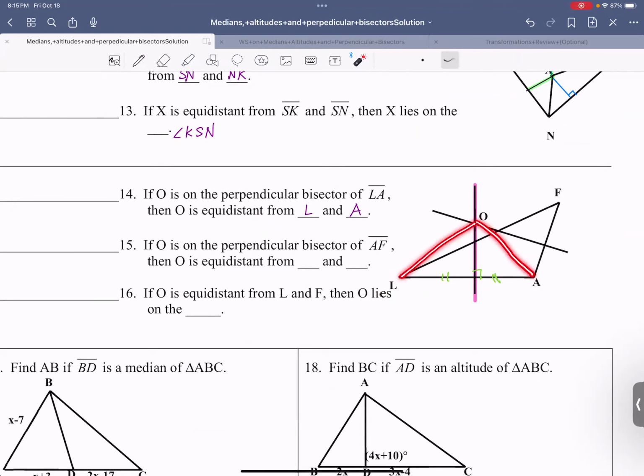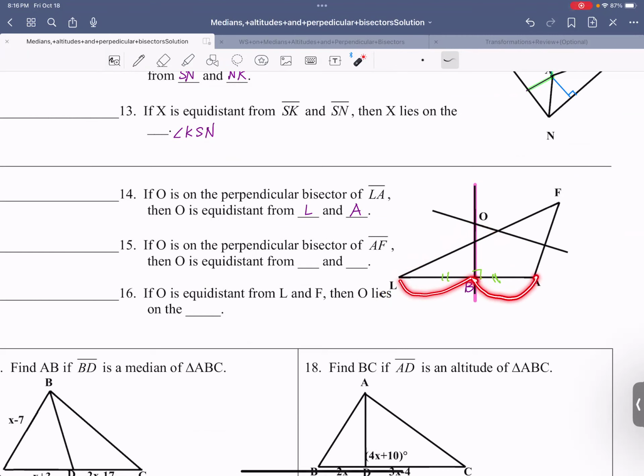Why? Because definition of perpendicular bisector. L, what do you name that point? Okay. So I'm going to call this B, okay? Go. LB is congruent to BA. Yes.